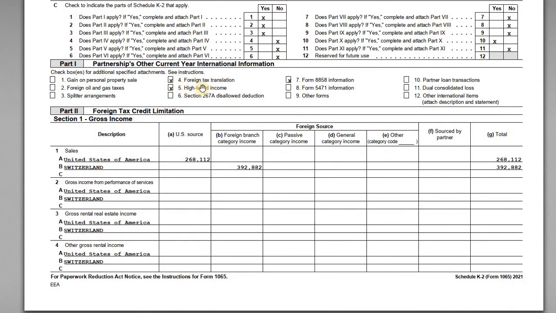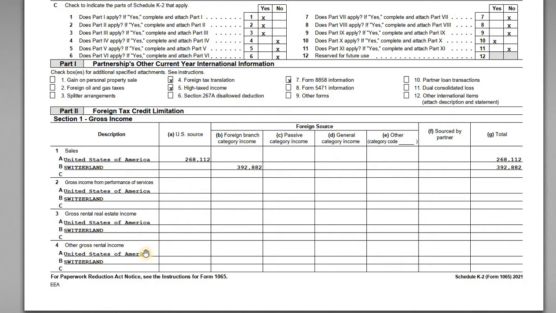Now, in part 1, you might not have any checkboxes in part 1, or you may. Part 1 is asking us, okay, if we have these items that apply, there's no section or part that covers it, but we do have to maybe attach additional information. So for example, the foreign tax translation number, that would occur if you have foreign taxes paid in a foreign country and you're going to pass them through as credits and you need to translate those amounts into US dollars.